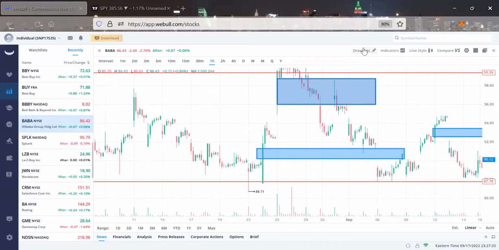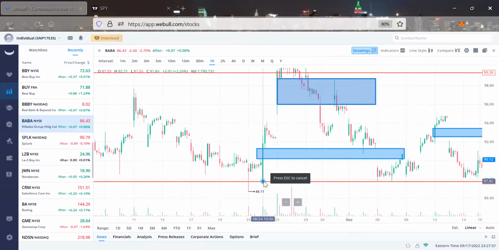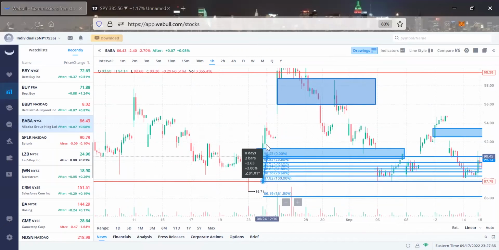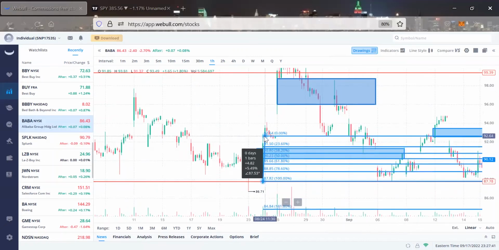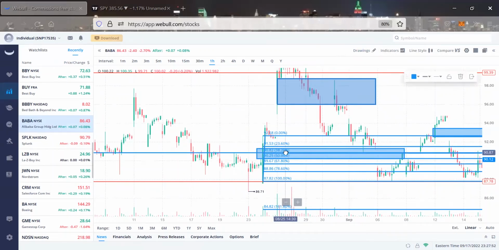How do we know it's 50%? I take my Fibonacci retracement and go from the bottom to the top of this candle. Boom. And look at that, 50%. Let's mark that down, make it 50 right here. Beautiful, right? 50%.